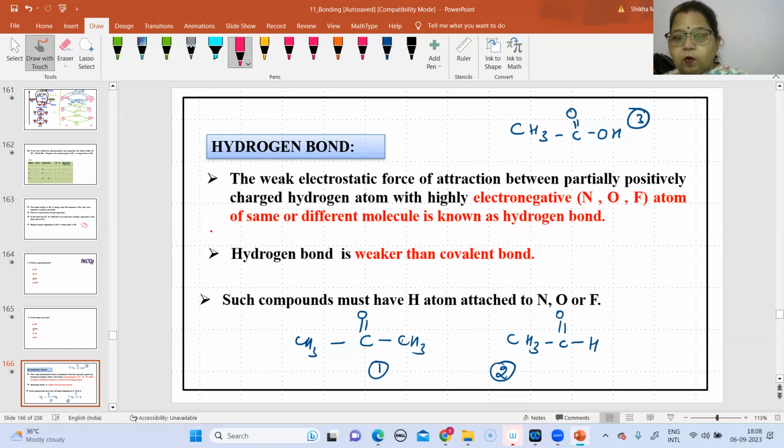C double bond O, oxygen's valency is 2, and both the valencies are satisfied by this. So I don't see hydrogen attached to oxygen. But if I look at compound number 3, this has oxygen and hydrogen. Oxygen has hydrogen attached to it, isn't it? Do you agree, Ananya, with this? Yes.